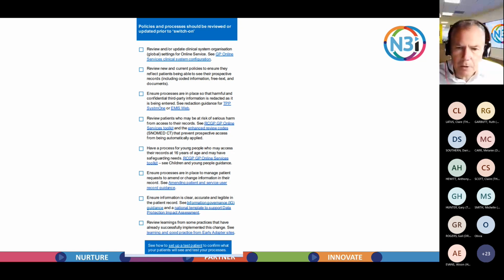So how you want to do that is up to you. If you think this is going to be a real resource issue, I heard someone saying you could have it as an extra option on your phone system. If you have a phone system that says, press 1 if you want an appointment, press 2 repeat meds, press 3 if you have a query around your medical record that from having looked online at it, that then could go to a recording where it says, okay, please tell us what the issue is and we'll look into it.